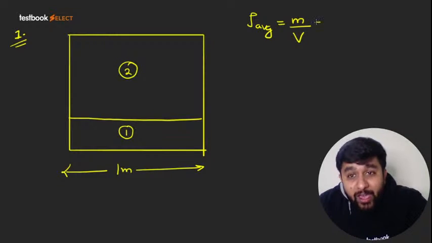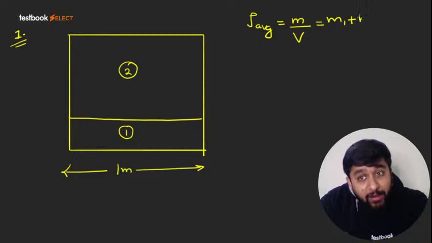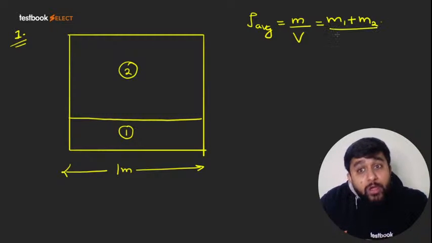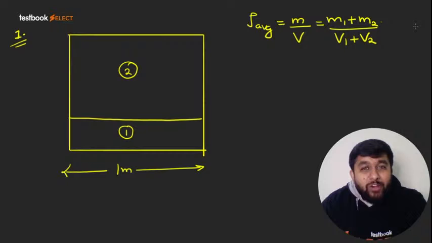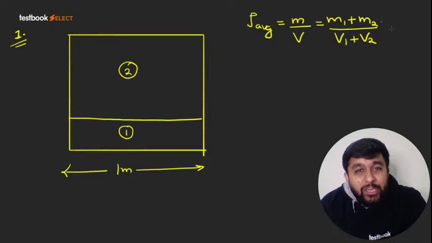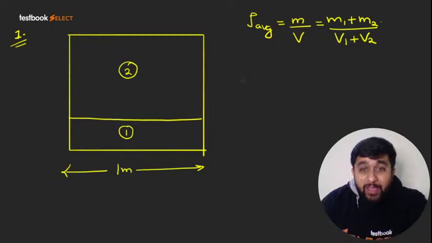So, what you will say? You will say the total mass of the body is mass of part 1 plus mass of part 2, divided by volume of part 1 plus volume of part 2. Right? So total mass will be the sum of mass of components. Total volume will be the sum of volume of components, right? Okay. Now please check.